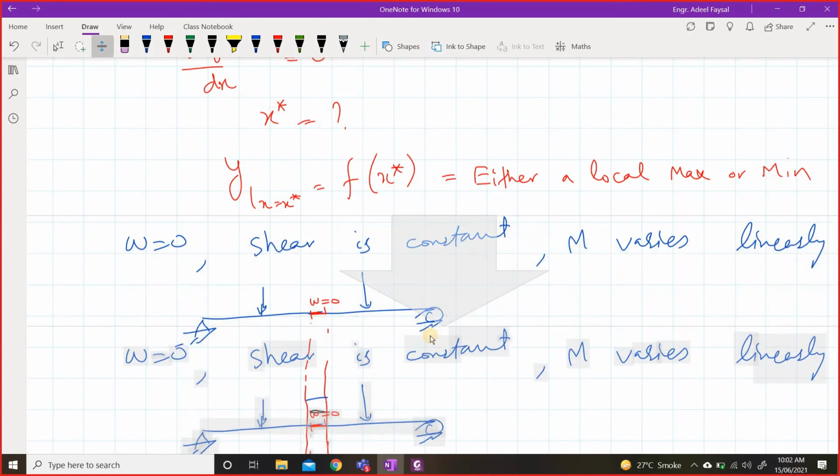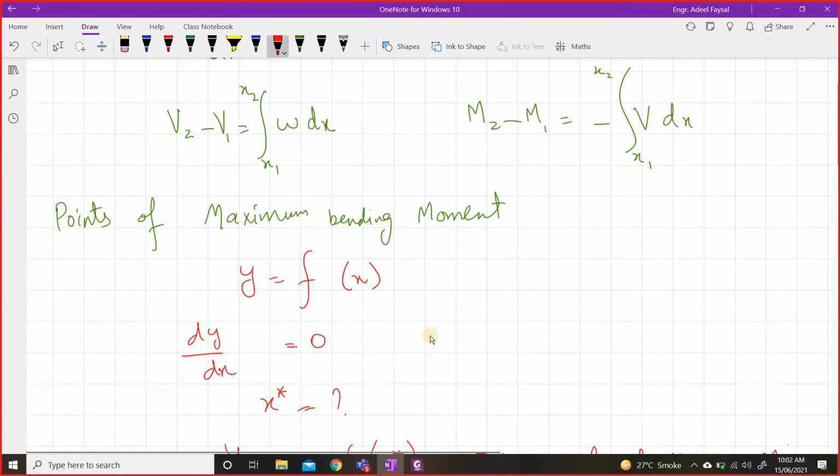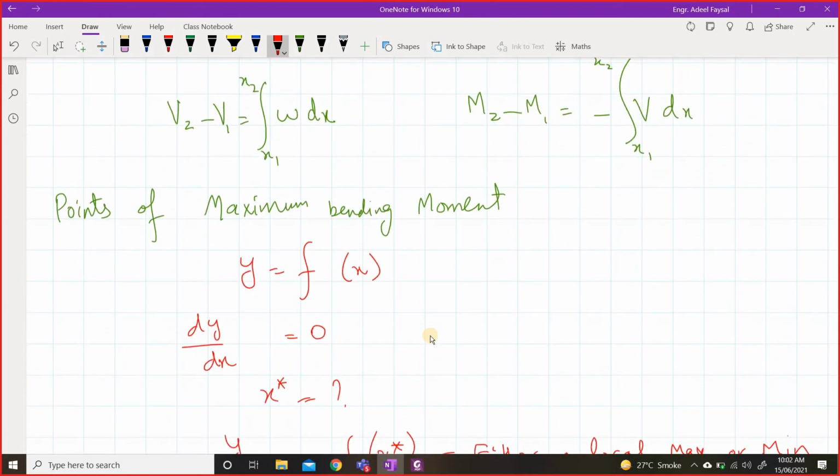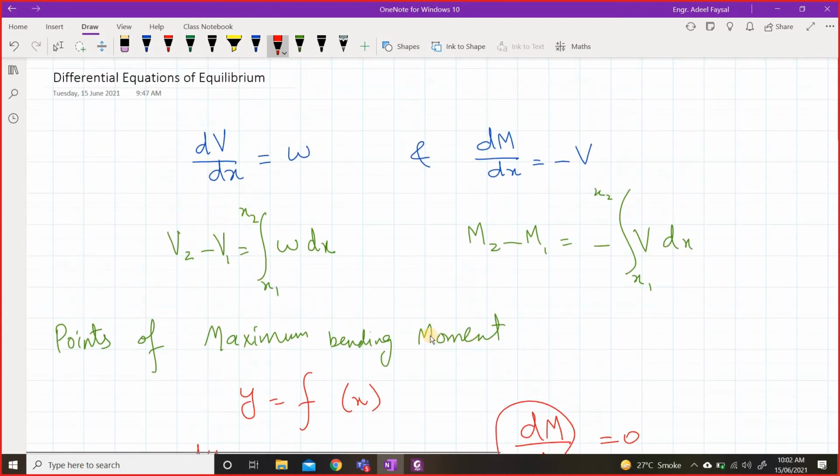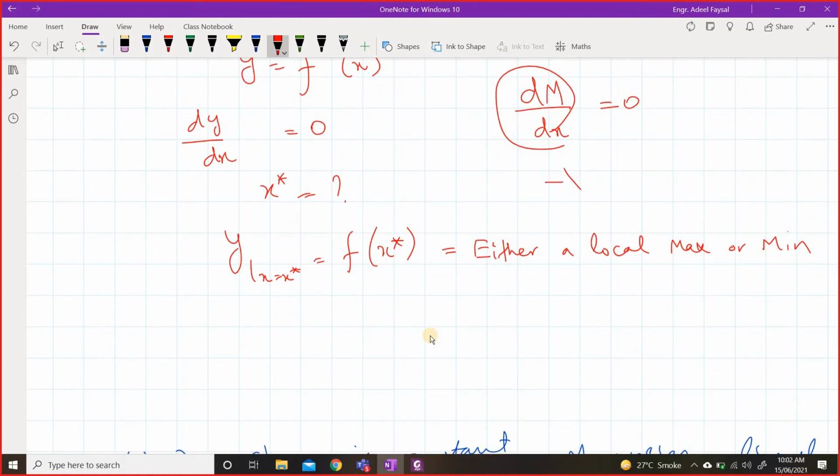Based on this analogy, if we find the derivative of moment and put it equal to 0, now this derivative is equal to minus v, so putting minus v equal to 0 also means putting v equal to 0, because you can just multiply both sides by minus 1.